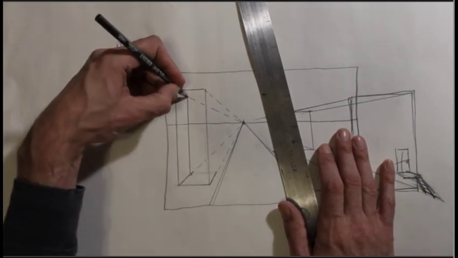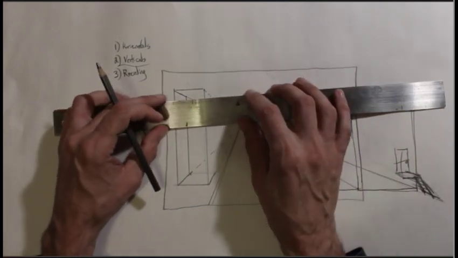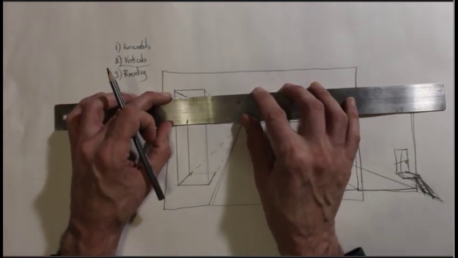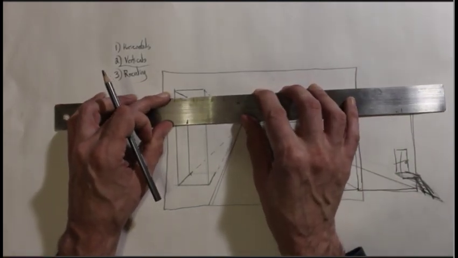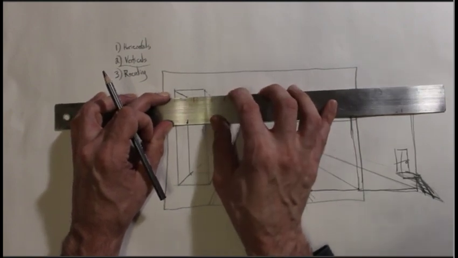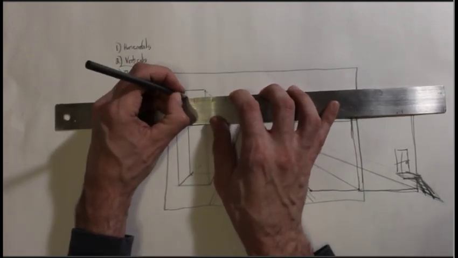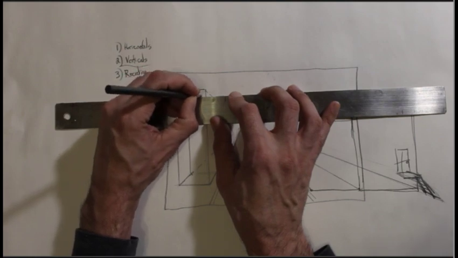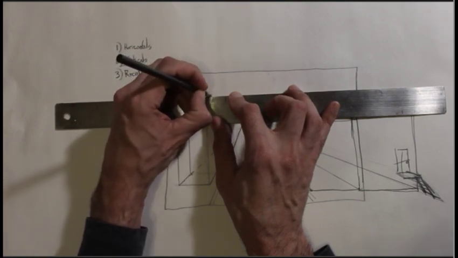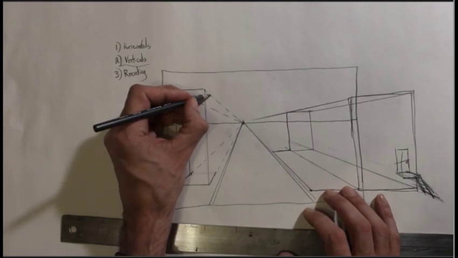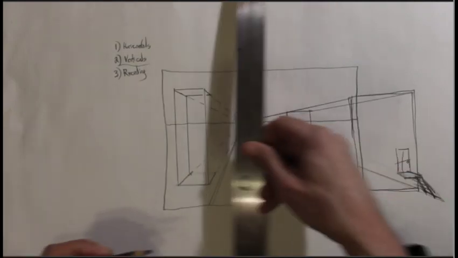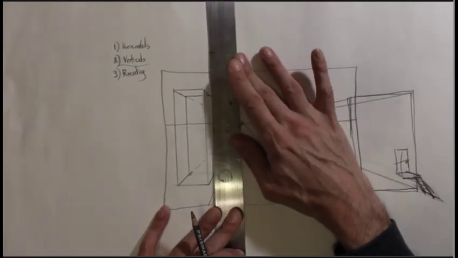Now we know where the back side of my box belongs, and so now I'm going to use a horizontal to plot out the final corner here. So where it intersects that receding edge, that becomes the final corner. And then I can connect these two.